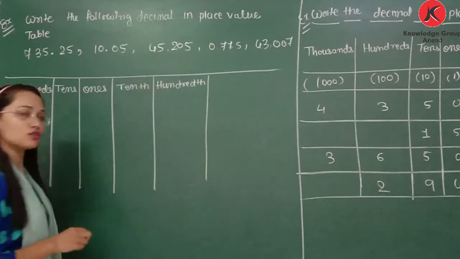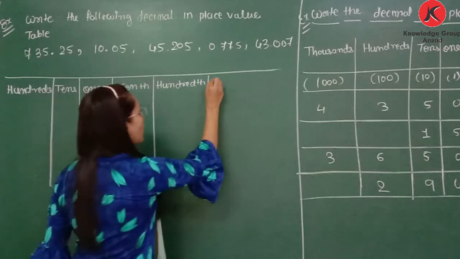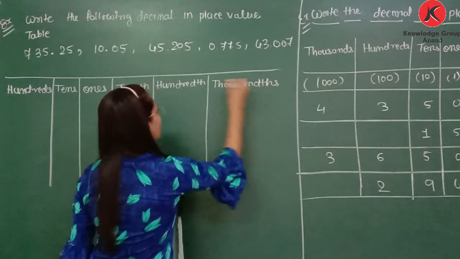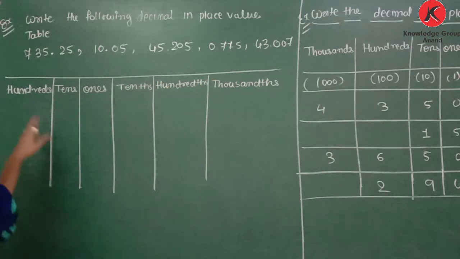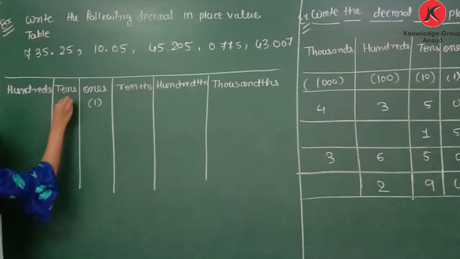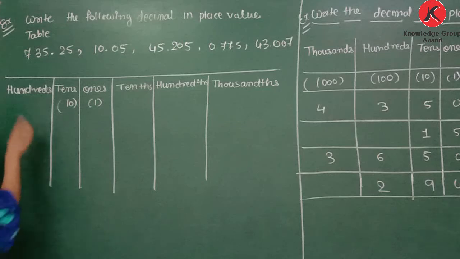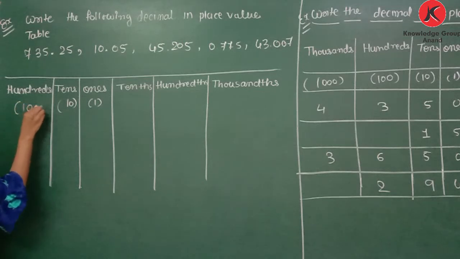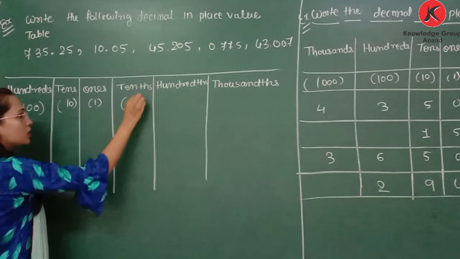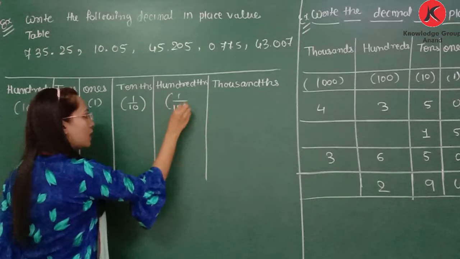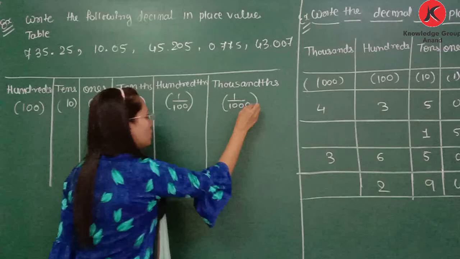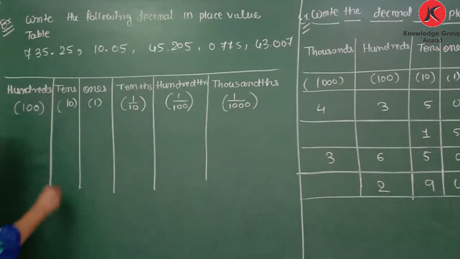You can see there are at most 3 digits after the decimal point, so we can draw up to thousandths. Now we know that the ones place means multiply by 1, the tens place means multiply by 10, and the hundreds place means multiply by 100. The tenths place means divide by 10, hundredths means divide by 100, and thousandths means divide by 1000. So this way we can get the place value table.